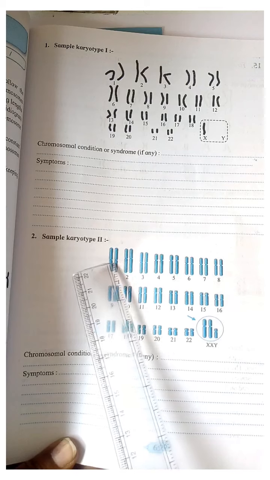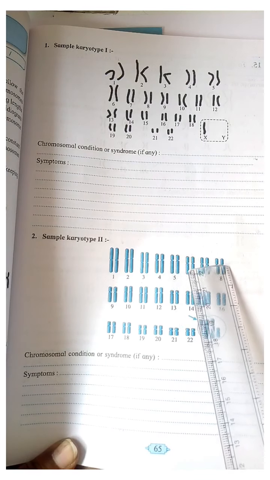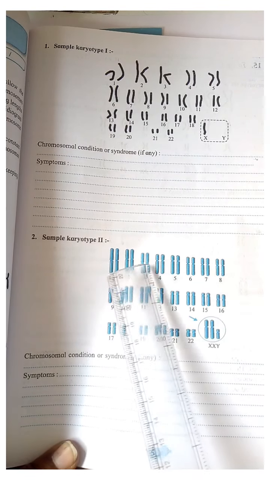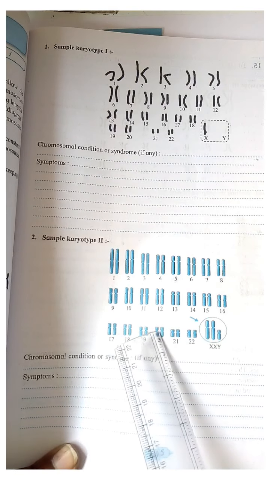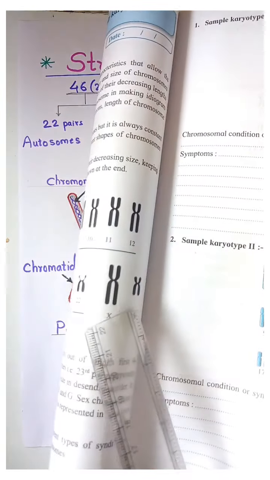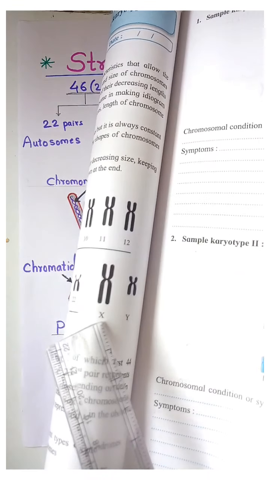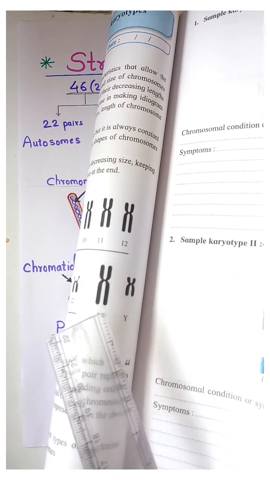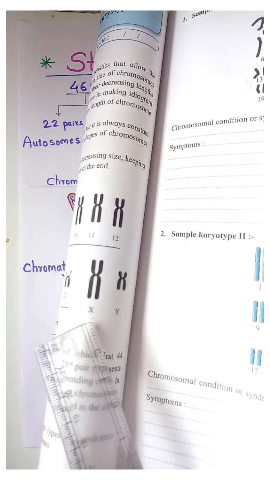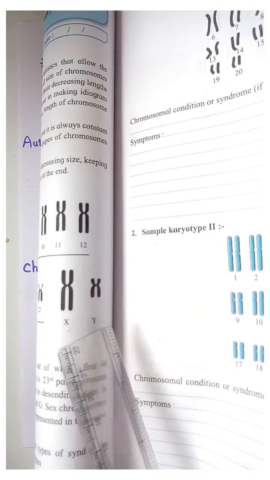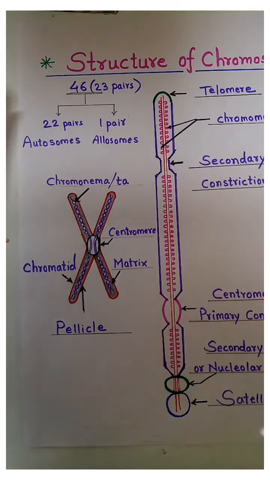But keeping in mind the position of centromere, if we look carefully, the position of centromere is aligned, or it is in a straight line. This is the last pair of chromosome, that is the 23rd pair, and it is called sex chromosome, out of which one is called X chromosome and the other one is called Y chromosome.